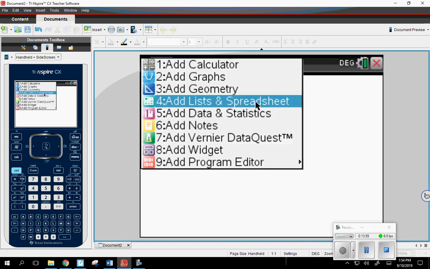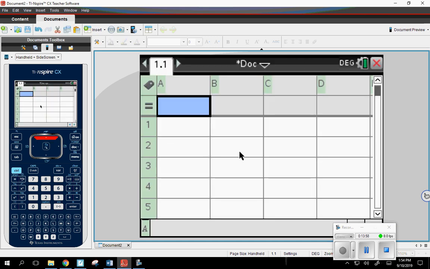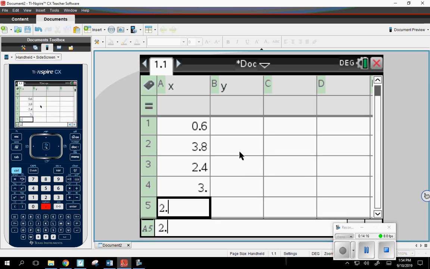New document, list of spreadsheets, X and Y, even though we have population density and distance from city center. Let's see what these values are. We have 0.6, 3.8, 2.4, 3.0, 2.0, 1.5, 1.8, 3.4, 4.0, and 0.9.